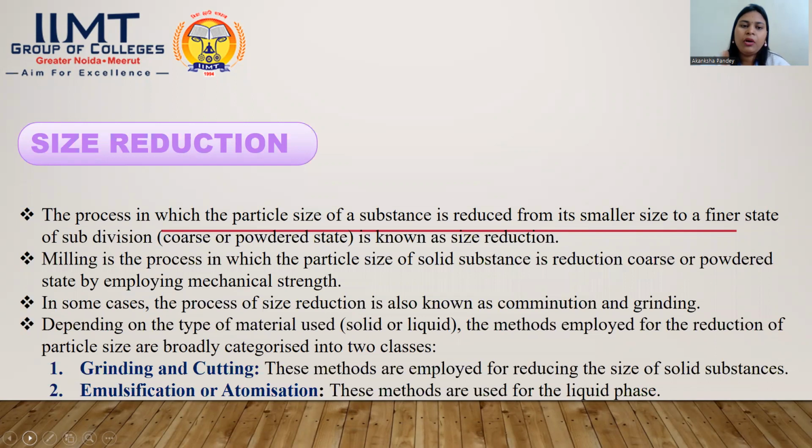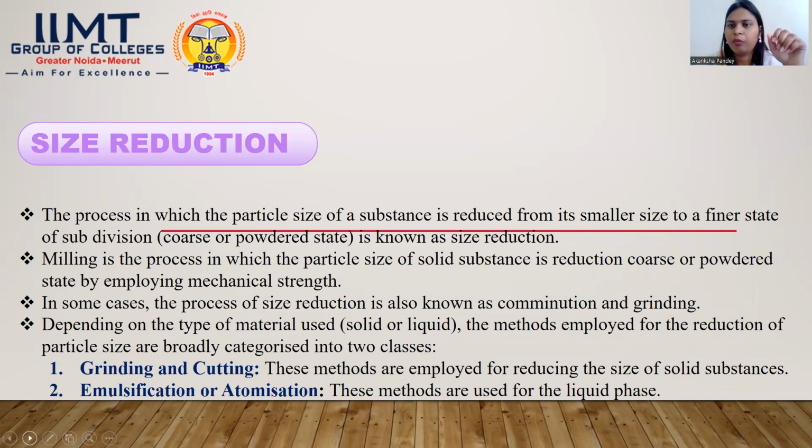Okay, depending on the type of material used, solid or liquid, the methods employed for the reduction of particle size are broadly categorized into two classes. If we talk about the formulation, formulations are basically solid, liquid, and gases. But if we talk about solid and liquid, there are two phases, either solid or liquid. For size reduction in solids, the basic methods are grinding and cutting.